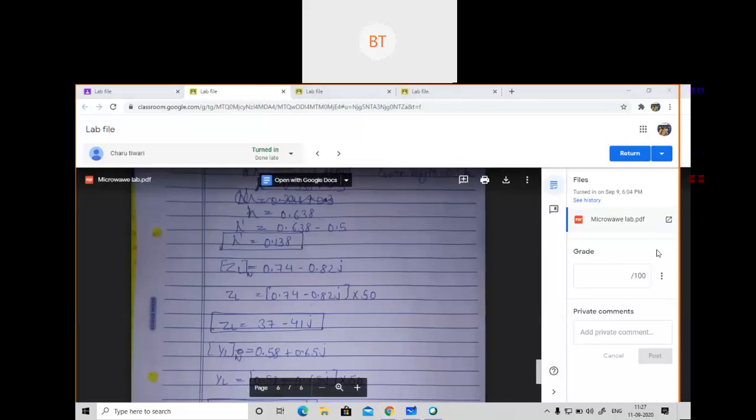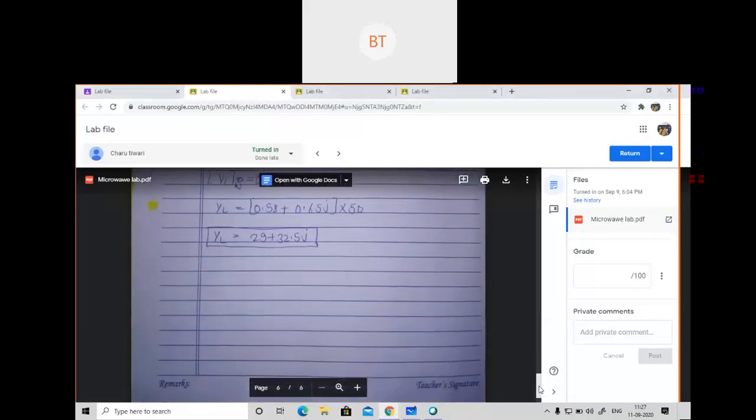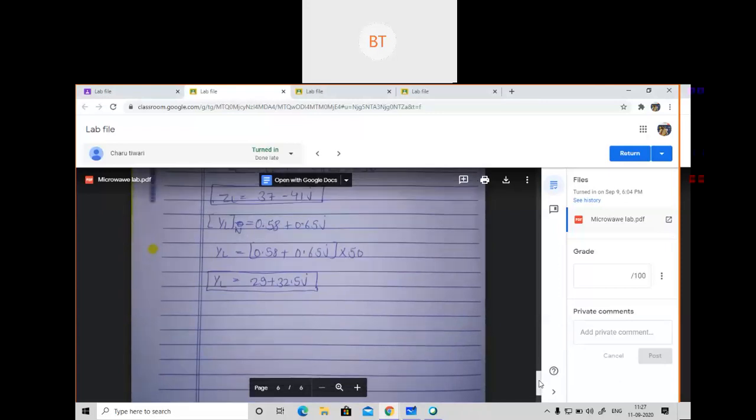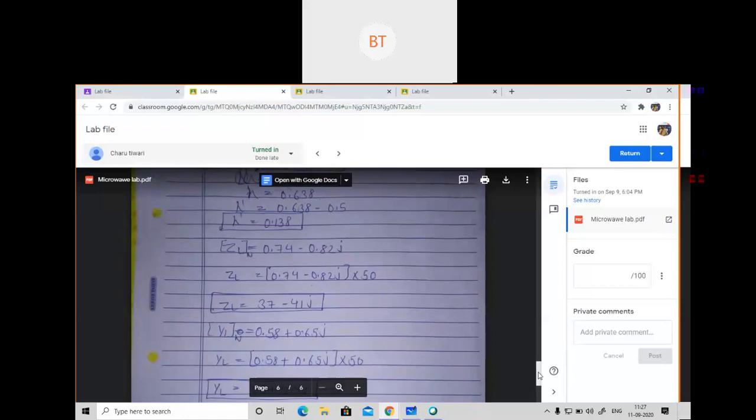I will see if your YL value is correct or not. This is 0.012 plus. So your YL is wrong, but you and Avantika have done the ZL value correctly. Ritika has done both right, and Pratibha and Aditi were almost close, missing only some decimal values. I really appreciate all the efforts you have put in.